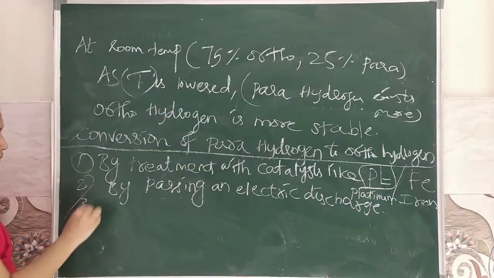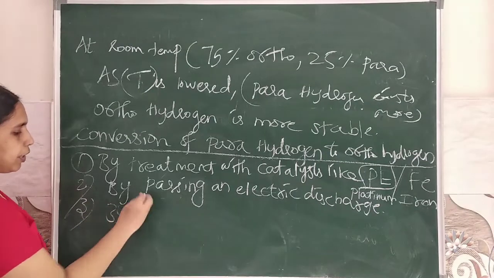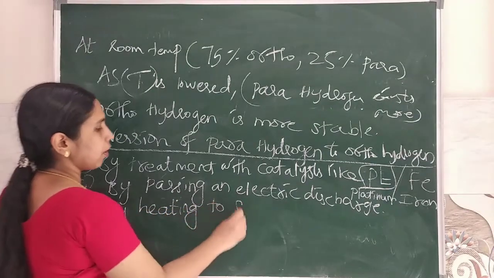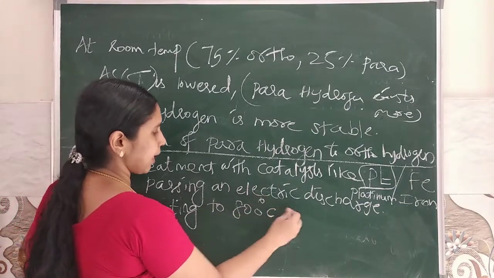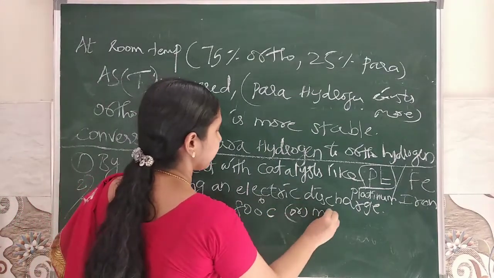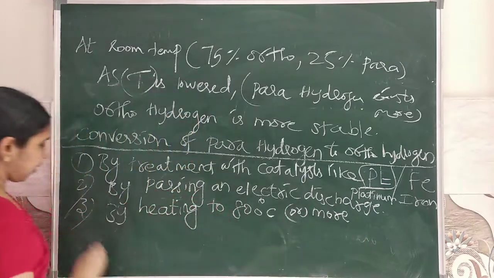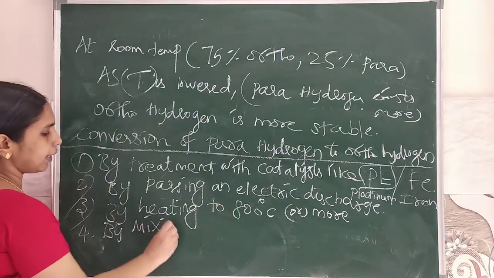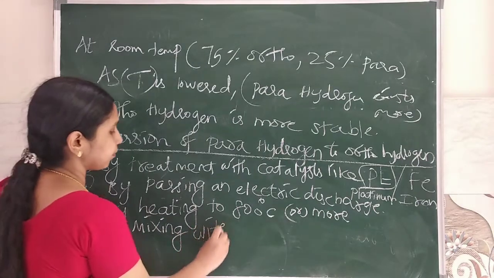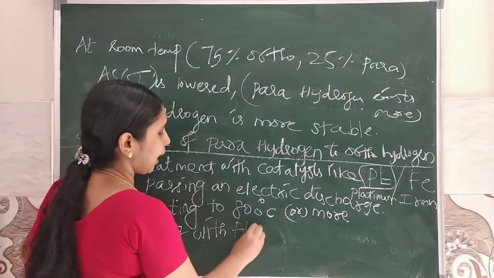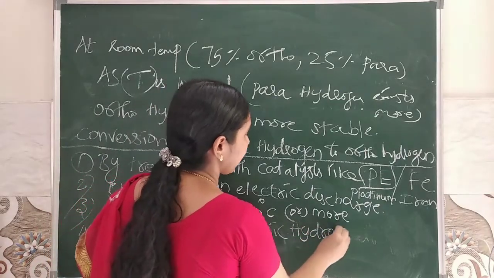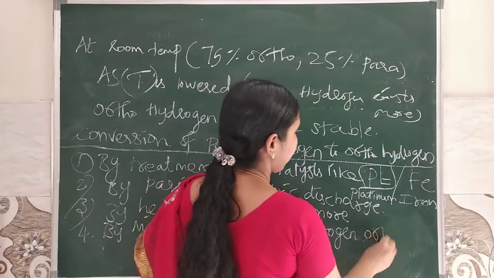Or by heating to 800 degrees Celsius or more. And the last one, by mixing with atomic hydrogen or paramagnetic molecules.